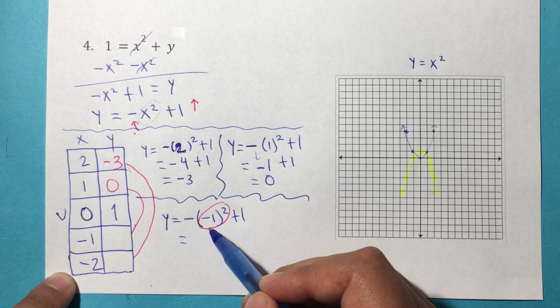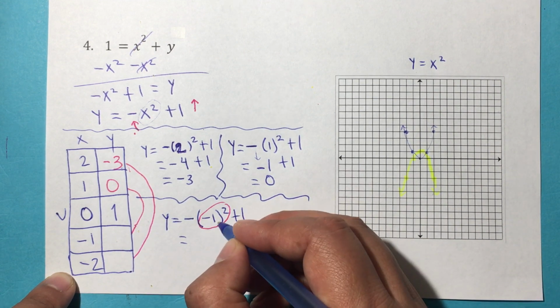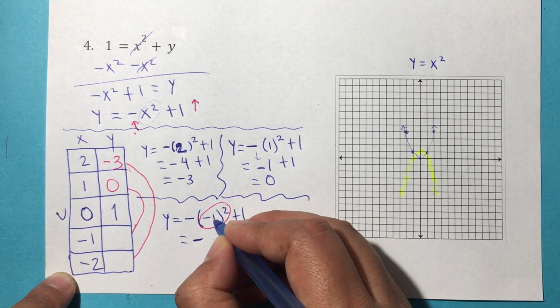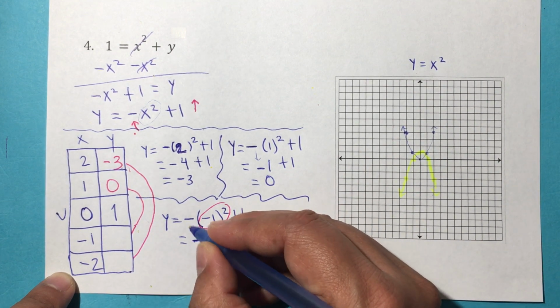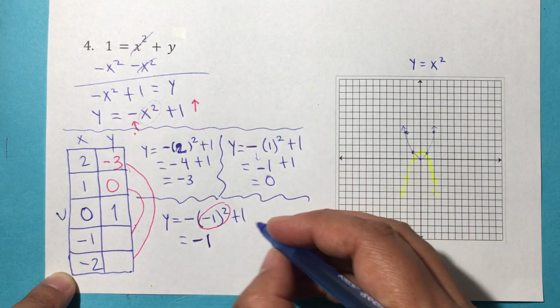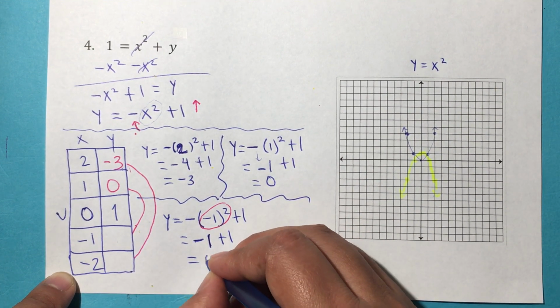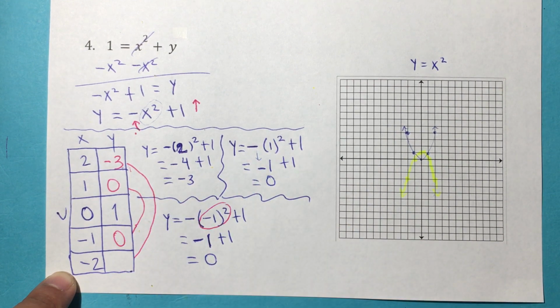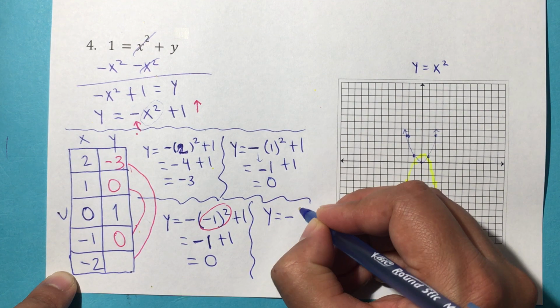The multiplication of the signs doesn't happen before the raising to the second power. So bring down the negative, and negative 1 times negative 1 is positive 1. That negative is just from the one that we have here. Plus 1, negative 1 plus 1 is 0. Yay! They match.